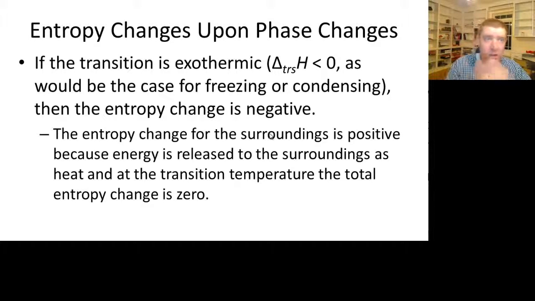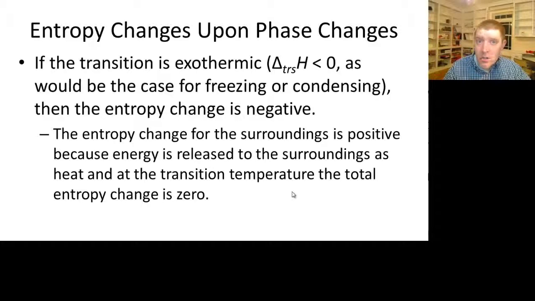If we're condensing from a gas to a liquid, we should be decreasing the entropy, right? Our system, if it's going from the very highly disordered state of a gas to a liquid while it's condensing, the liquid is more ordered, so the entropy change is negative. Likewise for freezing, we're going from a moderately disordered liquid state to a very highly ordered solid state, so we're losing entropy. Note that we're losing entropy for the system.